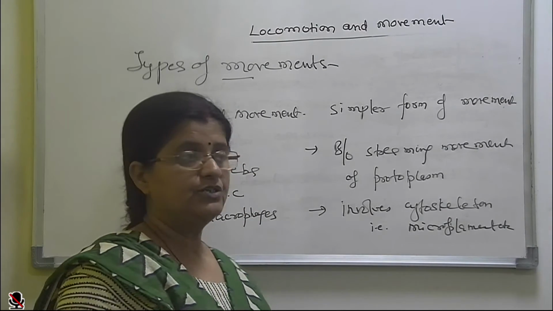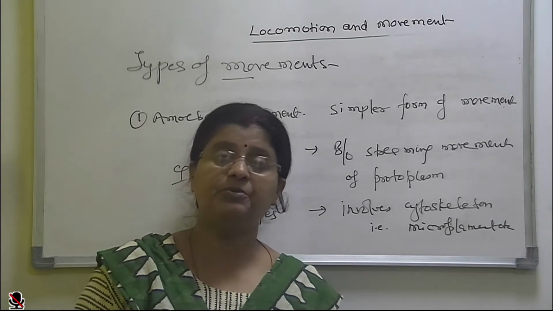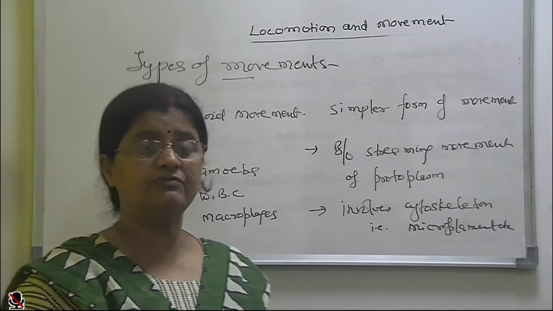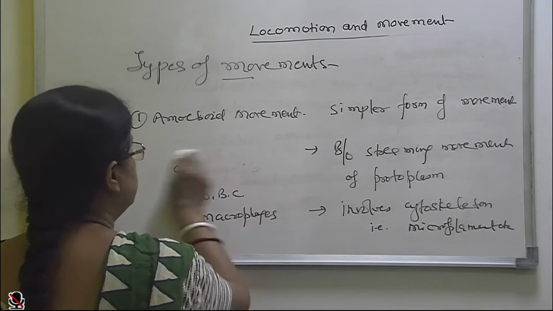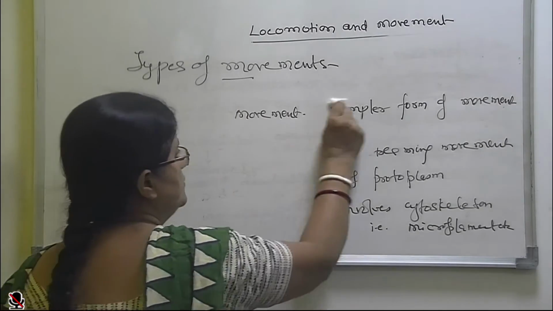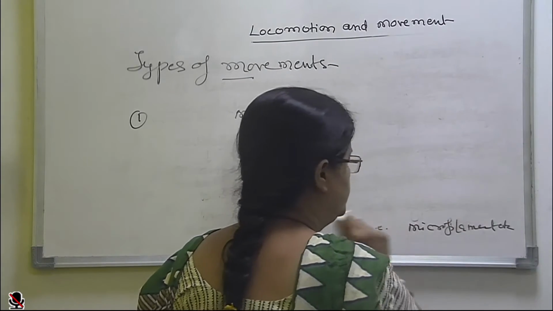White blood cells. So if you have to write the movement in the amoeboid movement in blood cells, then you will write the leukocytes, macrophages, etc., right? Now second is the ciliary movement.